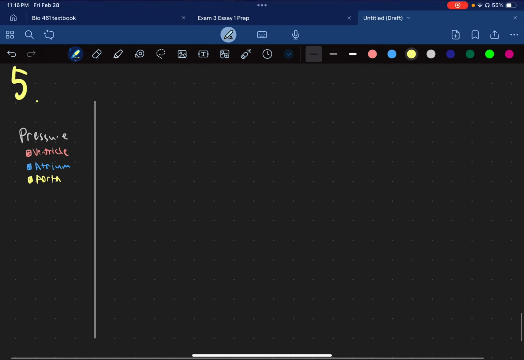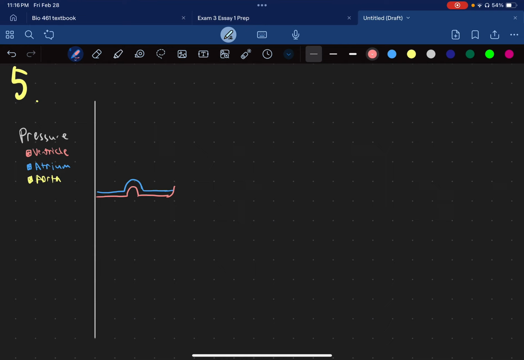So the atrium pressure is going to kind of start out like this, and our ventricle pressure is going to be lower than the atrium. So the atrium is going to be kind of passively putting blood into the ventricle and topping it off. Eventually, though, the ventricle's pressure is going to get higher than the atrium.